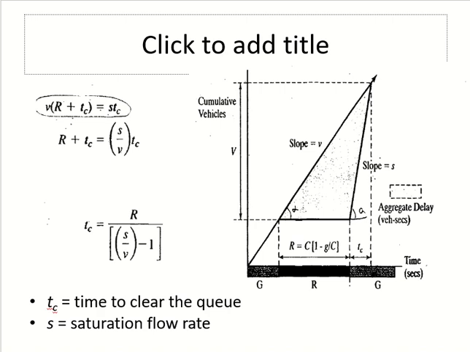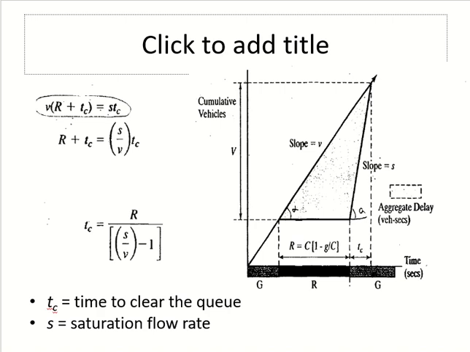If I want to use this to calculate the vehicles in the queue, S starts from where? And when does the queue become 0? At the top. How much is this time? TC. How much is the slope? S. So S into TC should give me the same value, right?